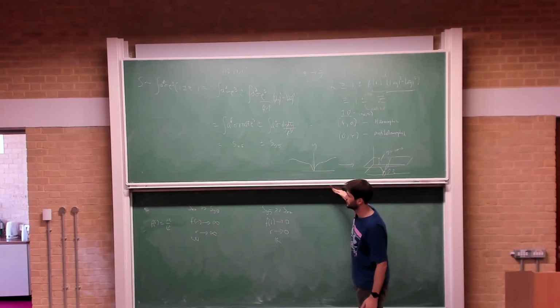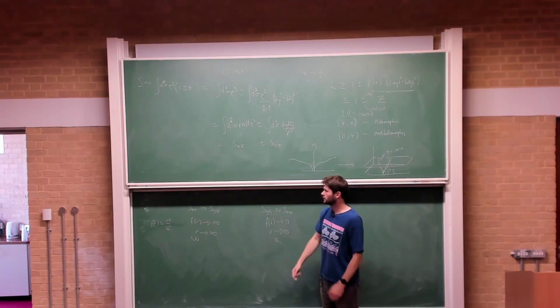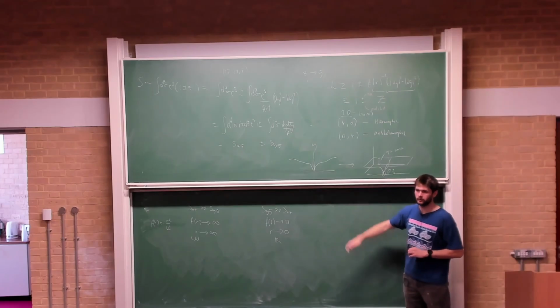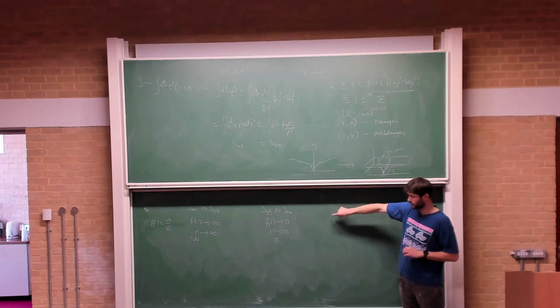So holomorphicity is a requirement that can be seen from those kinds of studies, but it's far more involved than the stuff here. I just want to keep it at the level of the equations of motion.